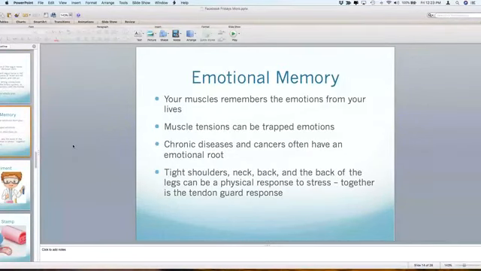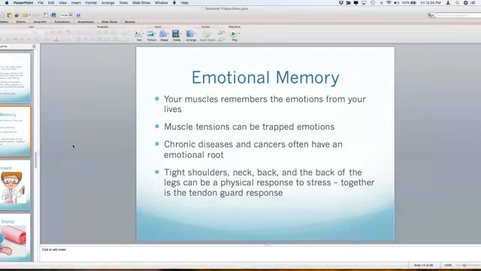Your muscles remember the emotions from your whole life. So the muscle tensions can be trapped emotions. Chronic diseases and cancers often have an emotional root because specific emotions go to specific organs. For example, we know that Christopher Reeve's wife passed away not too long after he did of lung cancer, but she was not a smoker, right?